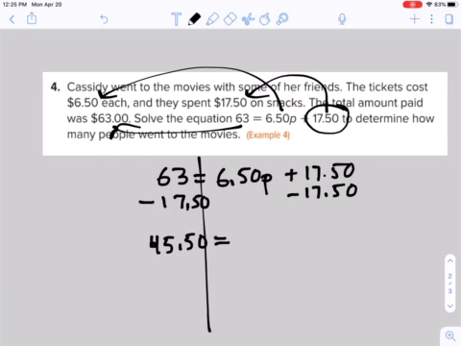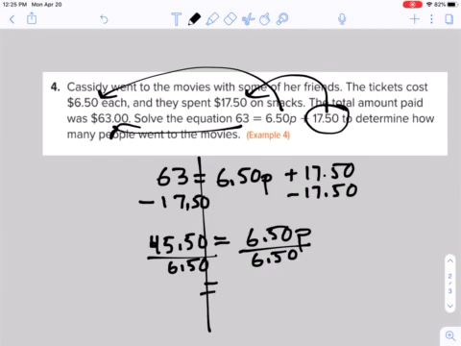So we have 45.50 equals 6.50P. And then nothing confusing about this. We know that it's being multiplied by $6.50. The P to find out the number of tickets, right, or how many people went to the movies, whatever you want to look at that. Well, if it's being multiplied by that, the best way to get rid of it is to divide it. And so we're going to divide both sides by 6.50.